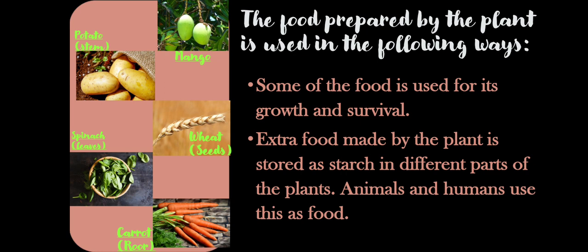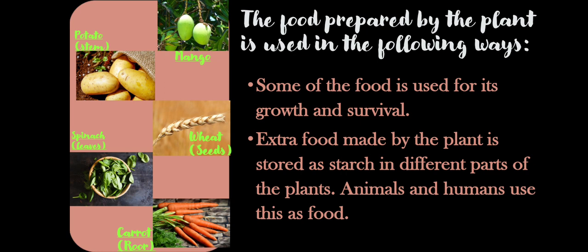The food prepared by the plant is used in the following ways. Some of the food is used for its growth and survival. There are some pictures: potato, which is the stem; mango, fruit; spinach, leaves; wheat, seeds; carrot, a root.